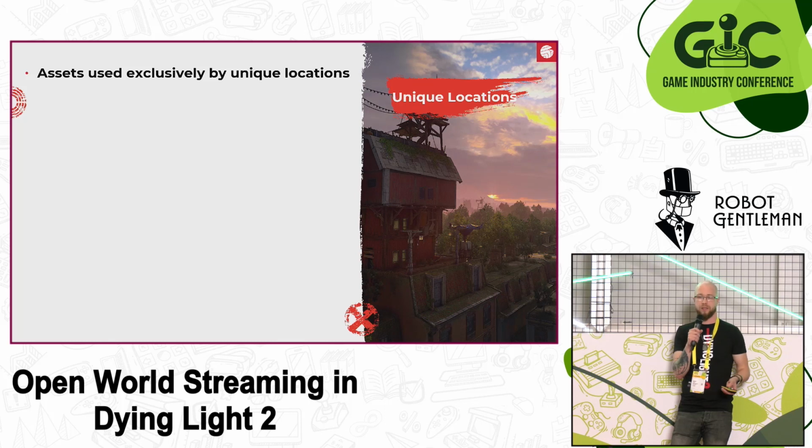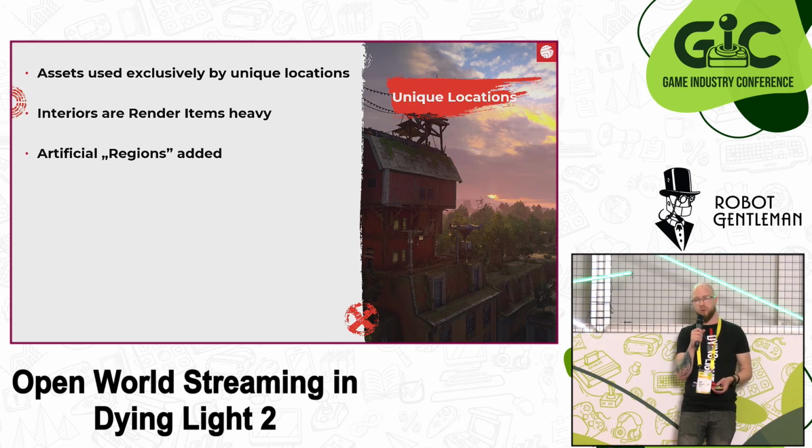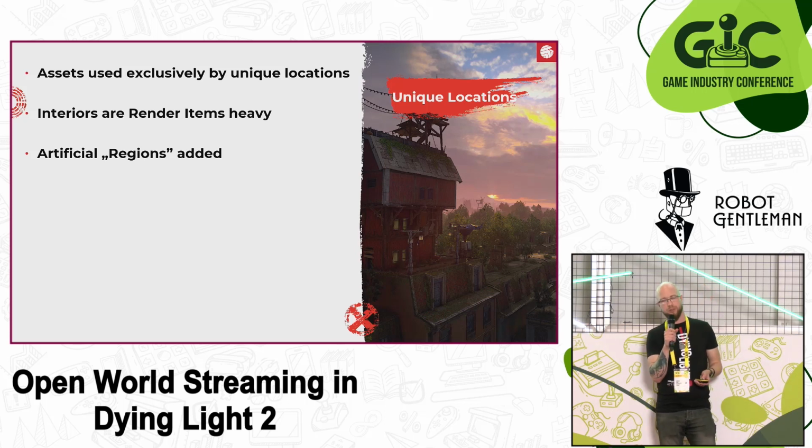The assets used exclusively by unique locations made region bundles really heavier and more expensive to load into memory. And interiors were just heavy. So the way we solved this was we created artificial regions that were added on top of the existing regions just for the unique locations.